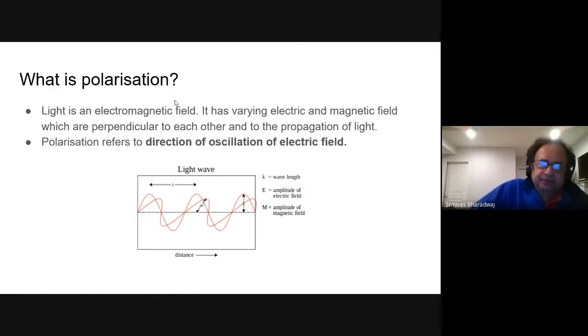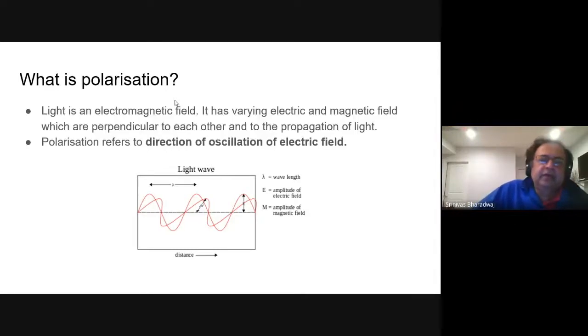And the direction of propagation is in the direction of E cross B, where E is the electric field and B is the magnetic field. So E cross B will give you the direction of propagation of the wave.